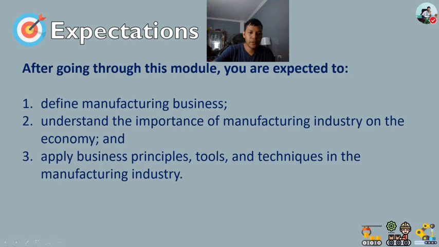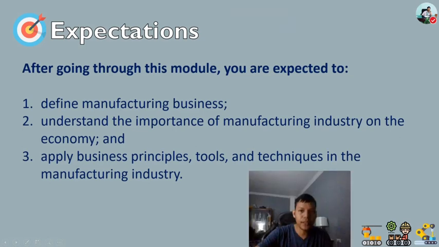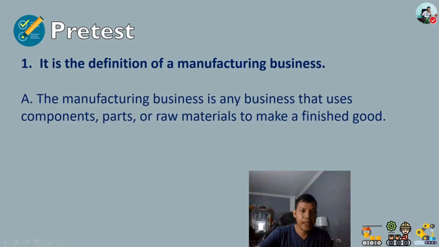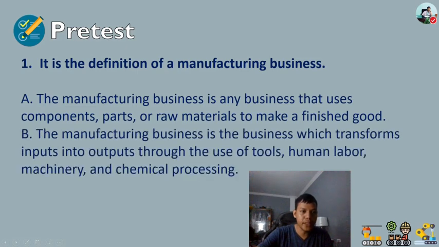So before we start our lesson, we will have a pretest first. Question number 1. It is the definition of manufacturing business. A. The manufacturing business is any business that uses components, parts, or raw materials to make a finished good. B. The manufacturing business is the business which transforms inputs into outputs through the use of tools, human labor, machinery, and chemical processing.